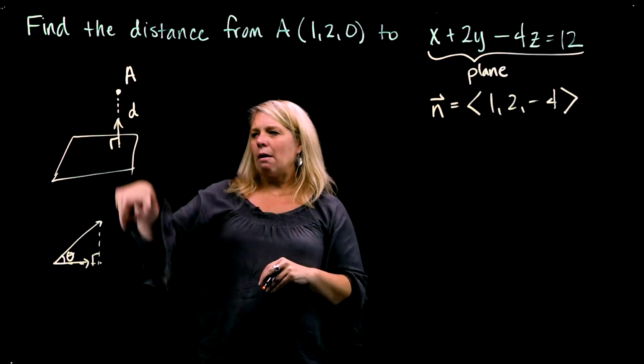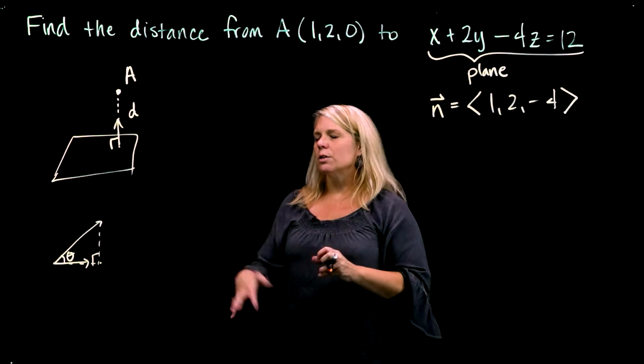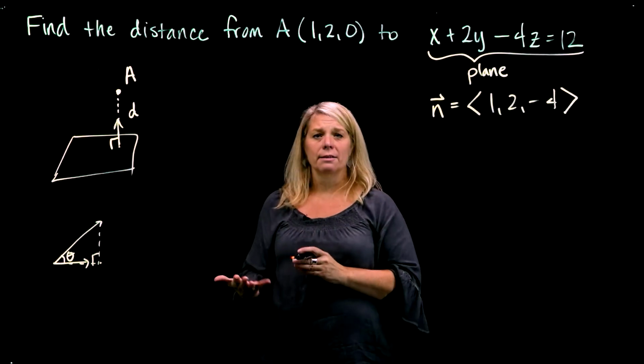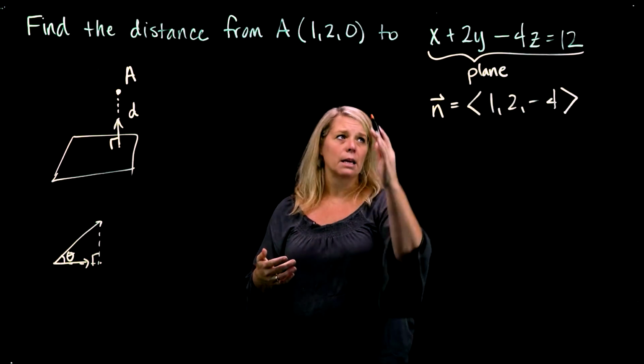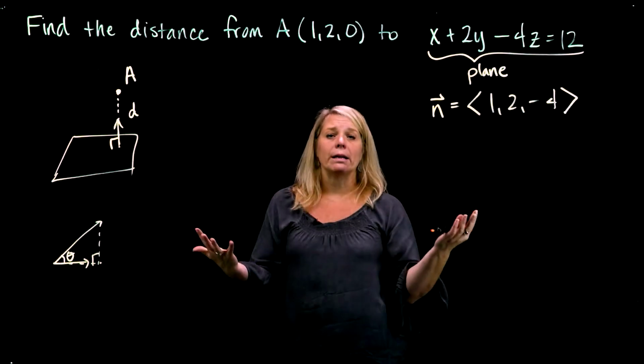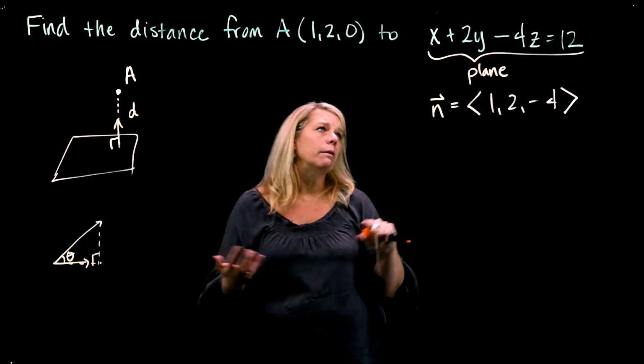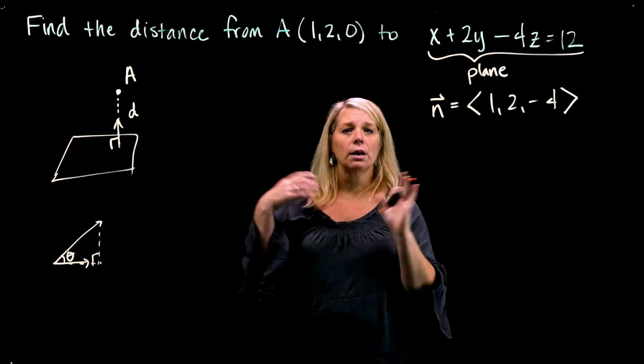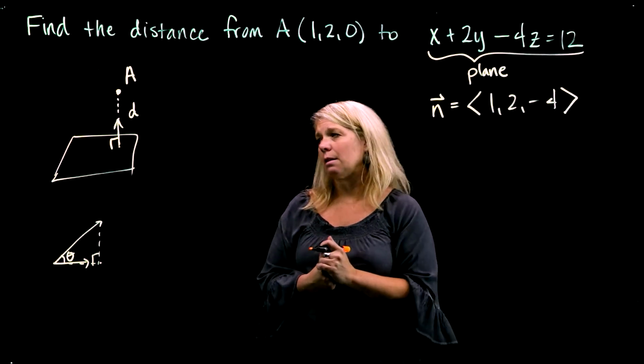Whether it's pointing that way or the opposite direction, we can turn it around if necessary, and it could be longer or shorter. Another thing that's very easy to get from the equation of the plane is a point on the plane. The point would just be any x, y, z coordinate that makes this equation true. So you can write down a whole lot of different points on the plane.